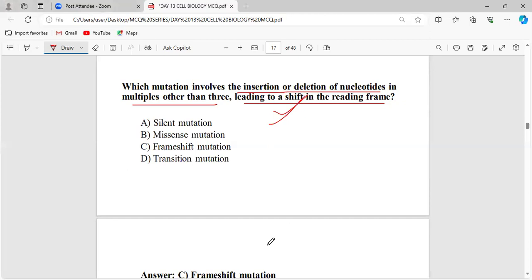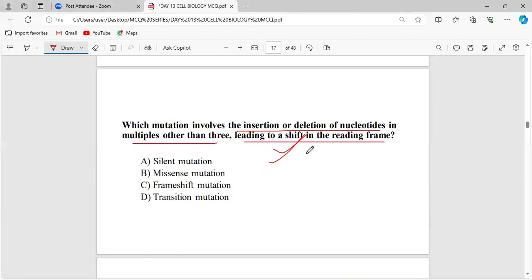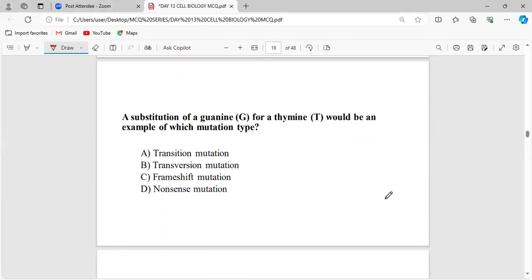Here, the shift has changed the reading frame. That will obviously be a frame shift mutation. Okay, see, if any insertion or deletion happens and the reading frame is changed, that will be placed under the frame shift mutation.